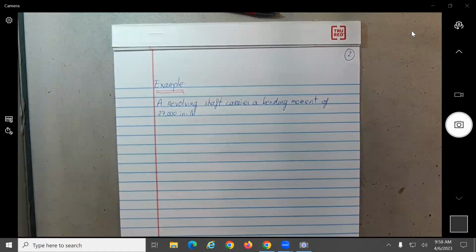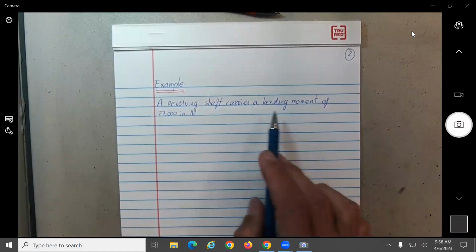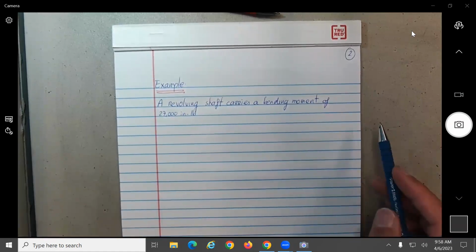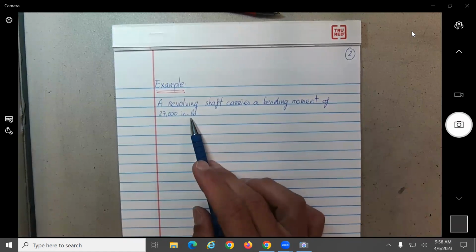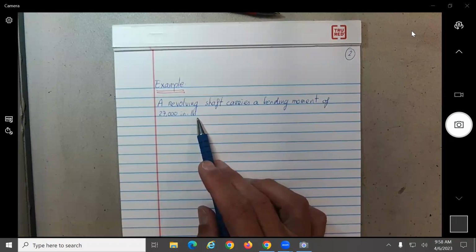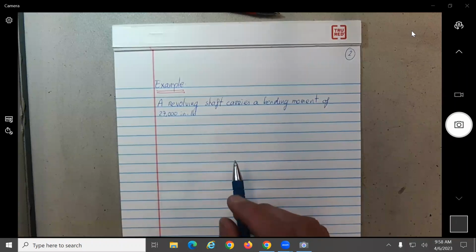So when you read a problem, what does that mean? That means that it's going to carry an average value for the bending stress, no? That will be constant. Yeah, this will be related to the static loading.